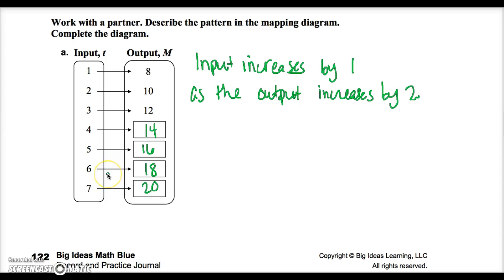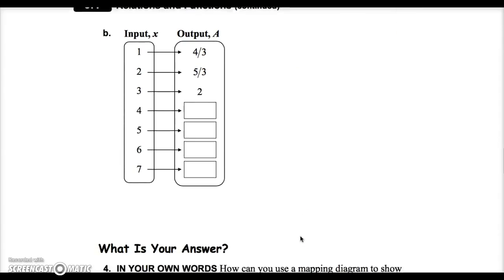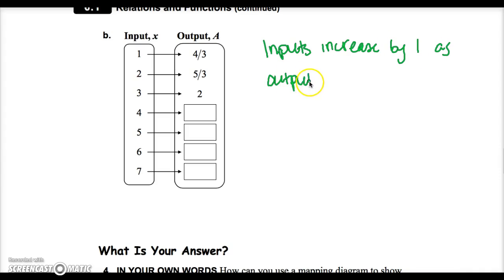Okay, then if we keep moving on, part B, notice your inputs go by 1 each time again. So that's nice. Inputs increase by 1. As the outputs, now if I look at the output, I have 4/3, 5/3, and then 2. But what I know is 2 is the exact same thing as 6/3.